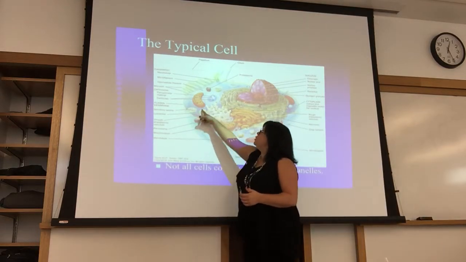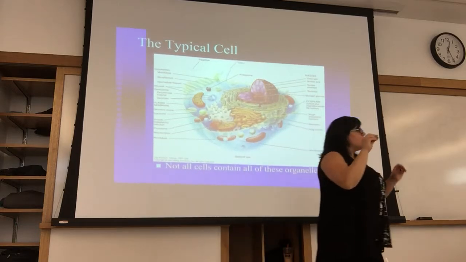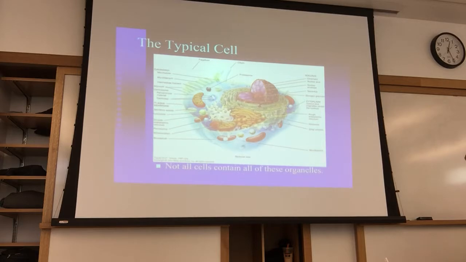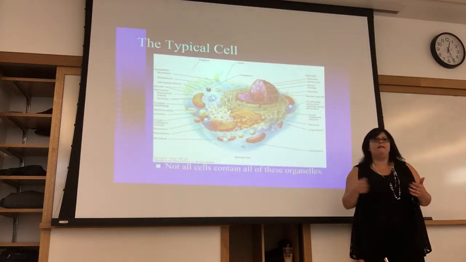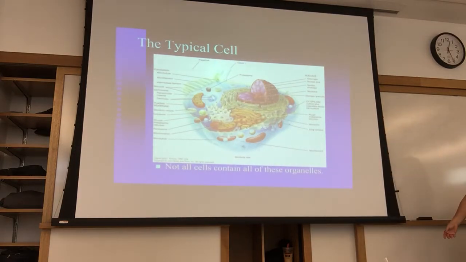You can see these tubes or bars on the inside of the cell that hold all the organelles in place. It's like a scaffolding within the cell. It provides the shape for the cell, and it can help to drive movement of the cell, parts of the cell and the whole cell. So one cell's not going to have all of these.